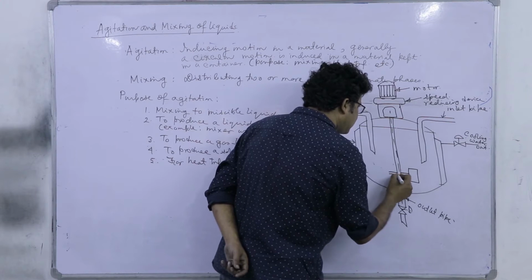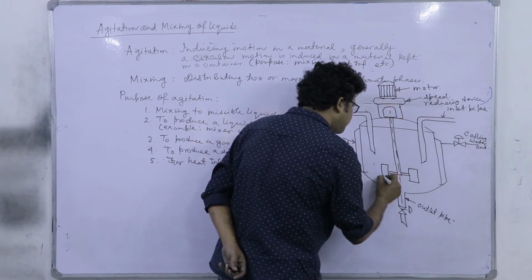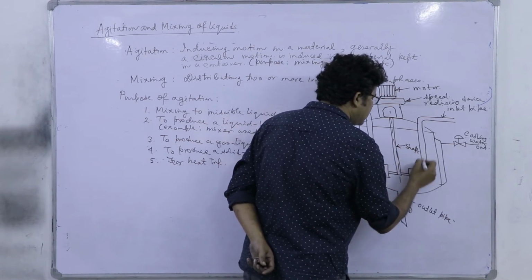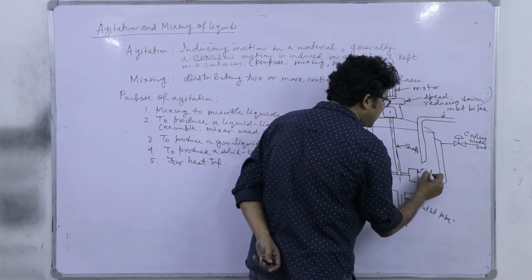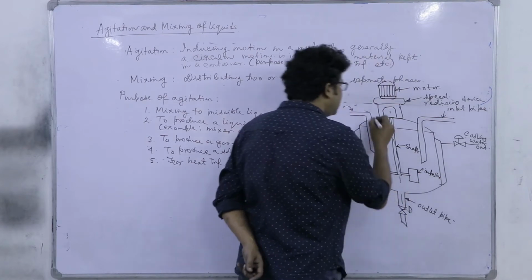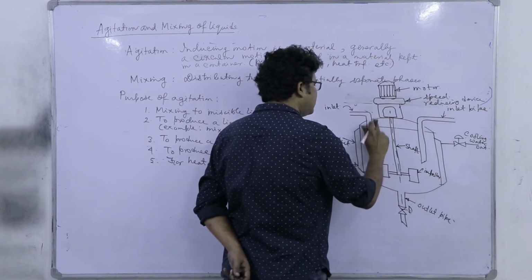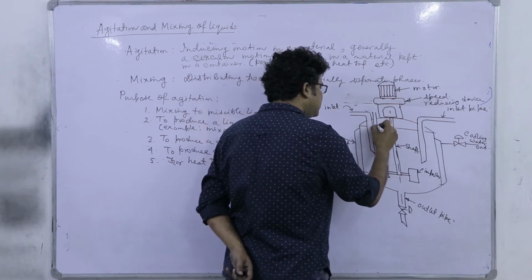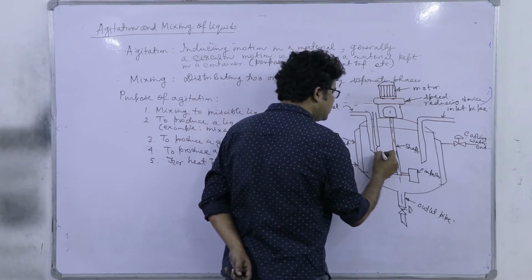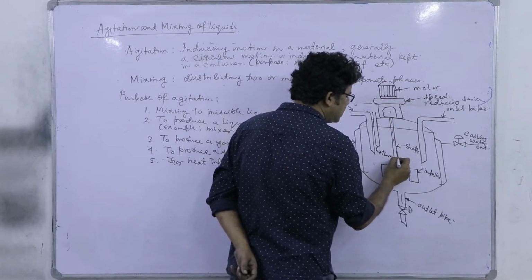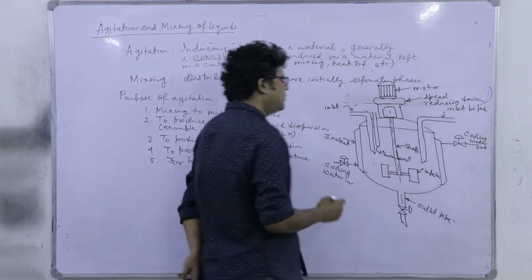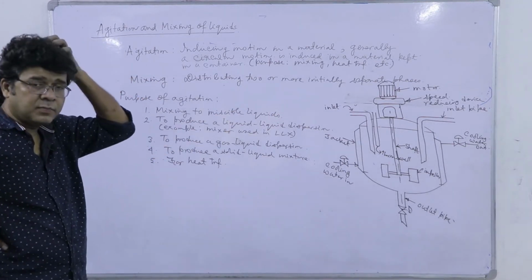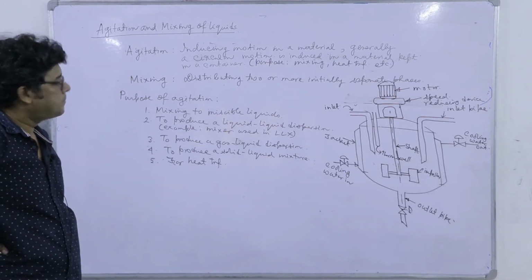There are different types of impellers, we will discuss them. The shaft, impeller, and we can also have a thermowell for temperature measurements and all. So this is typically the agitation equipment.